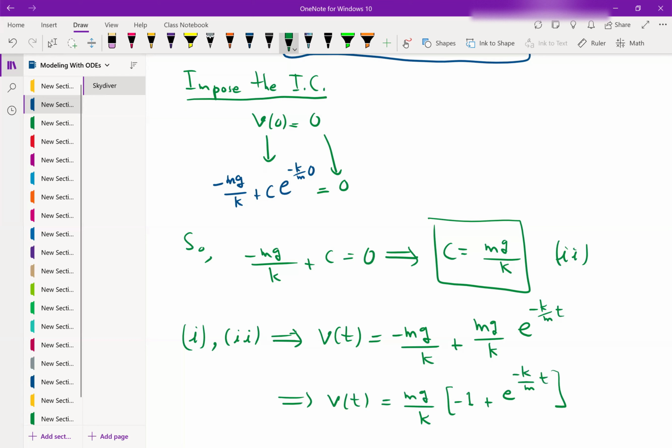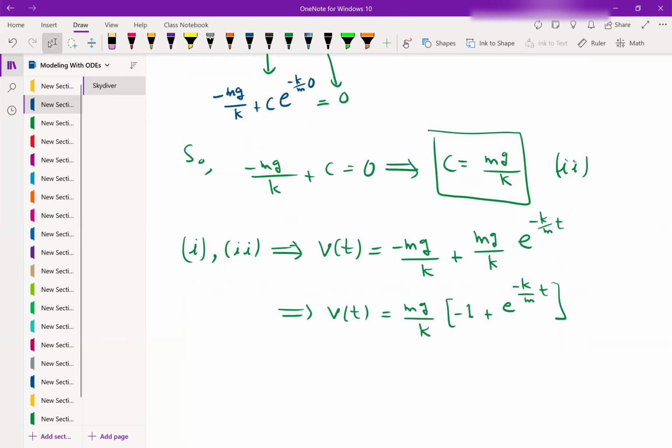Beautiful. Now we can compute the velocity of this skydiver at any t. The statement of the problem says to compute the velocity after 30 seconds. So I'm going to do that. As a consequence, after 30 seconds, I have to compute V at 30. t equals 0 is when the skydiver leaves the plane.